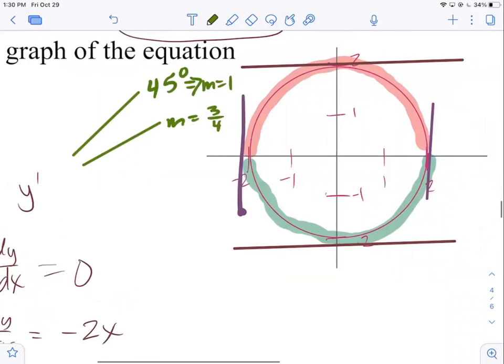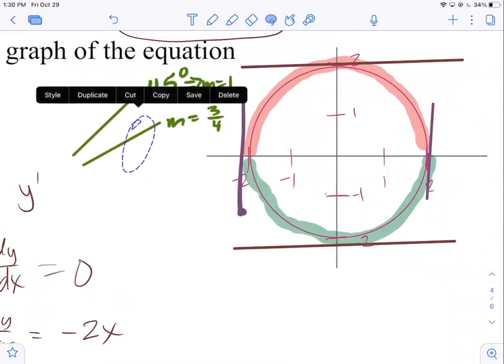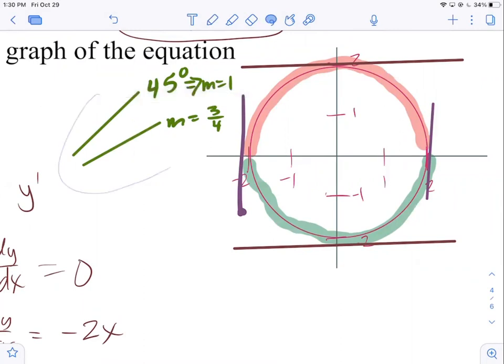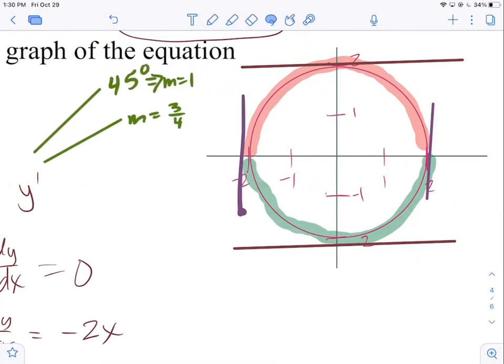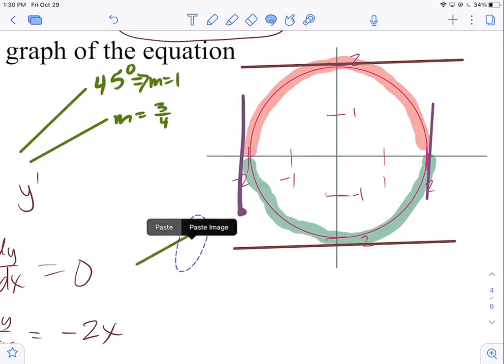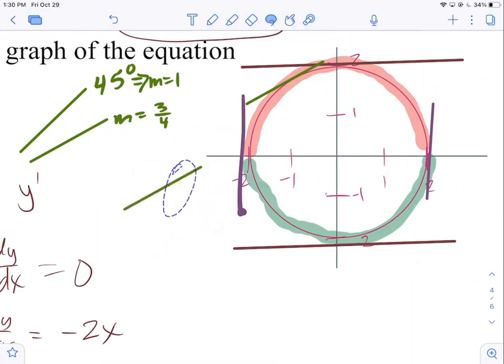So now let's just copy this. And again, this is kind of cool notability. Let's copy that tangent line. And let's paste it, and move it around until it kisses the graph, right? Right there. And is there another one? I think there's another one, right? Right there.